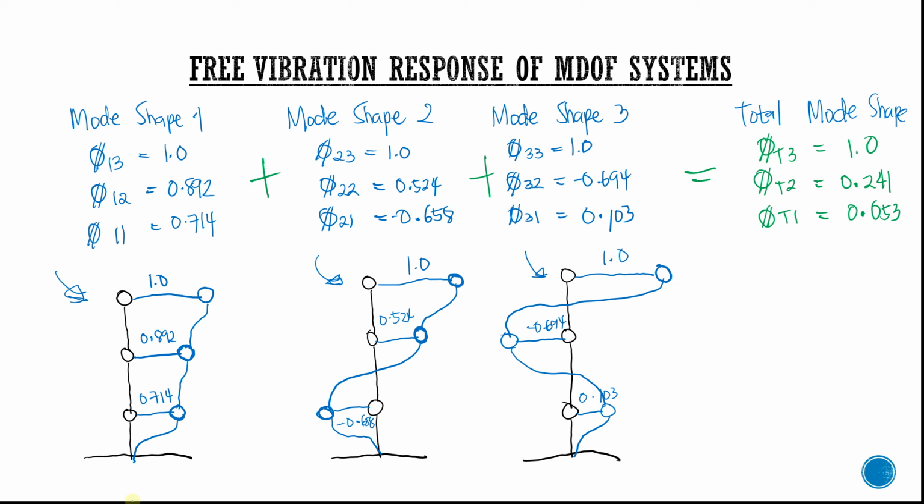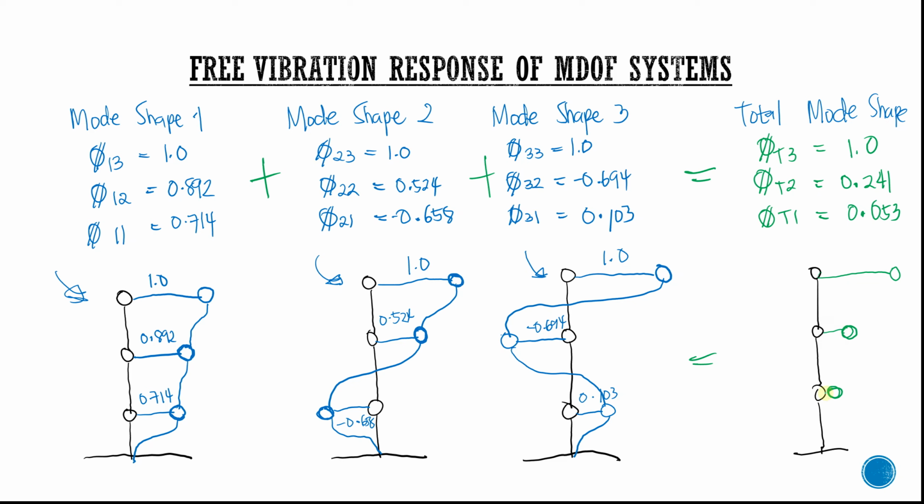So again, let me construct again the lumped mass model of the structure. So again, on the topmost floor, we have 1. On the second floor, we have 0.241. So that must be around here. And then the mode shape of the first floor is quite close to its initial or starting position.